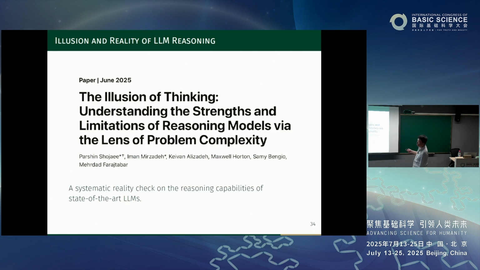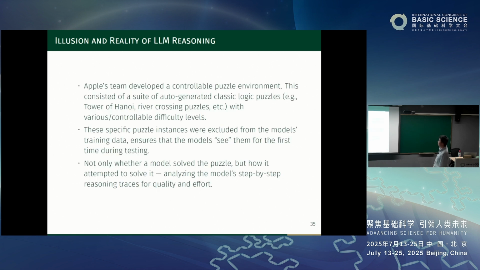This paper is from 2024, from Apple. They did a systematic reality check on the reasoning capability of SOTA large language models. What did they find? They developed a controllable puzzle environment.